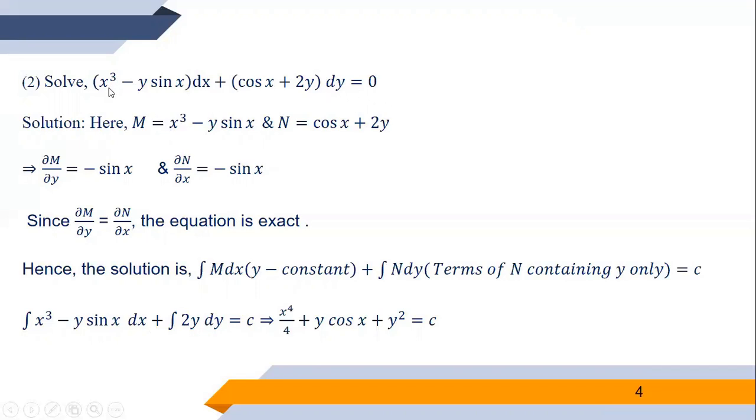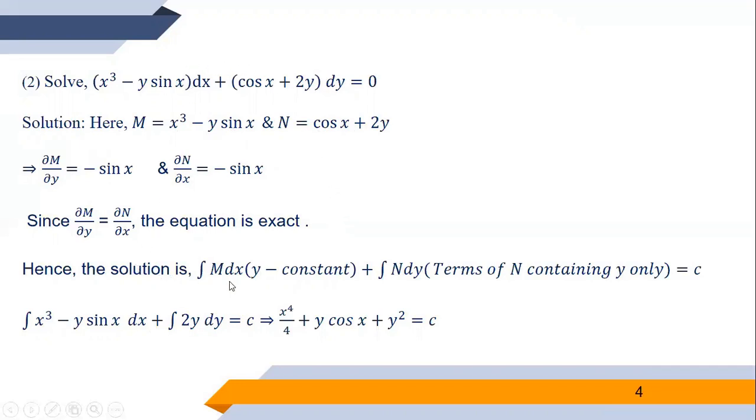So M is x cube minus y sin x, N is equal to cos x plus 2y. Therefore del M by del y is 0 minus sin x, so minus sin x, and del N by del x, the derivative of cos x, is minus sin x. Since del M by del y is equal to del N by del x, therefore the equation is exact.